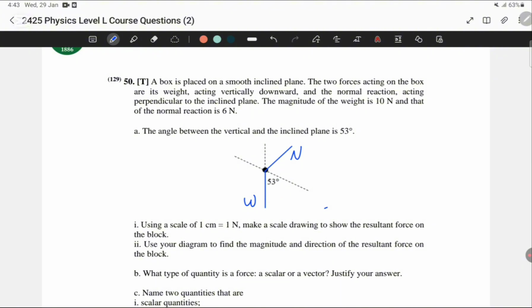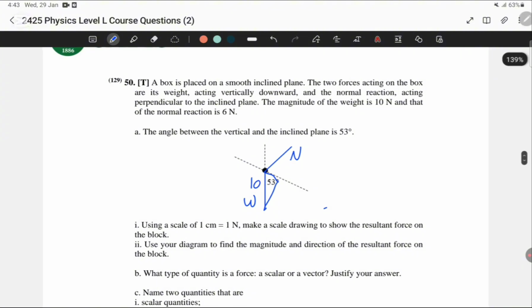And we can use sine here for the vertical component. And we know that weight is 10 newtons and the normal is 6. We use the 10 here. You do 10 sine 53.